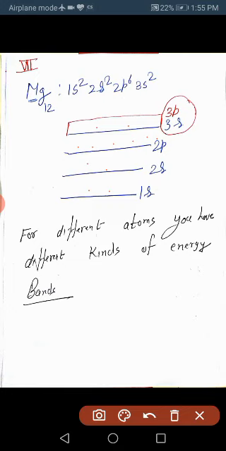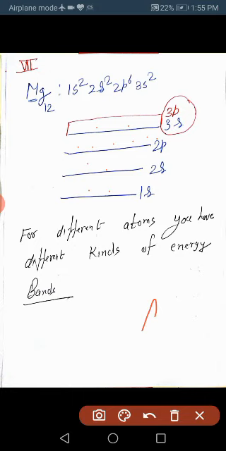No, it's not, because we know that after 3s there is 3p, and 3s and 3p are merged. The band structure is different for different metals, for different elements. So 3s and 3p overlap, and definitely there will be some vacant quantum states.